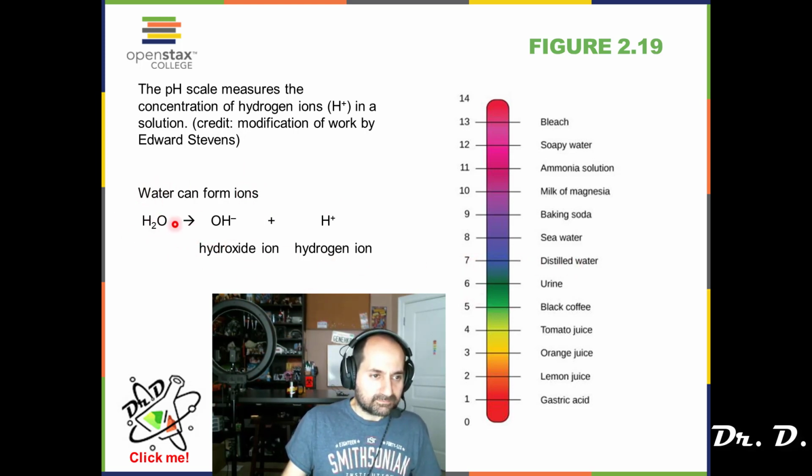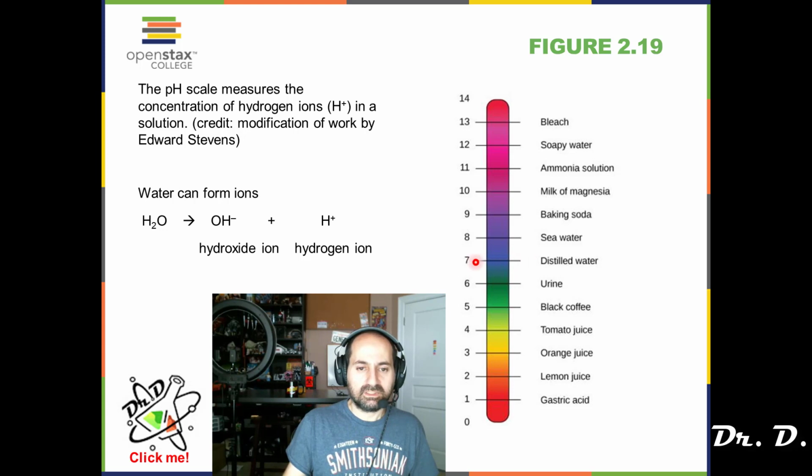Because water has this special ability. Water is able to ionize. What does that mean? A water molecule will pop off a proton and leave behind a hydroxide ion, and only at pH 7 do you have the same amount of hydrogen ion, H plus, as you do hydroxide ion, OH minus. That's why it's called neutral pH.